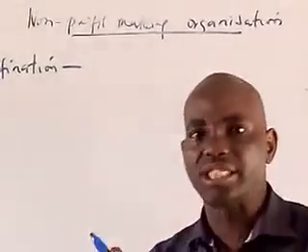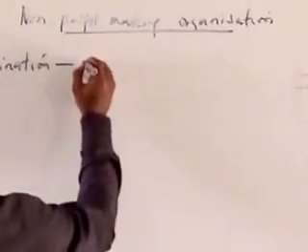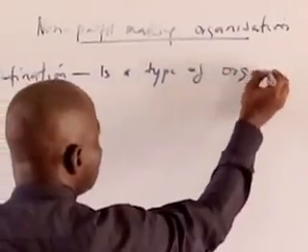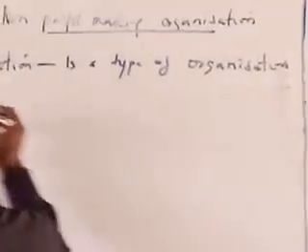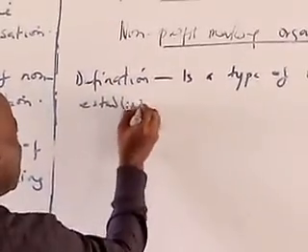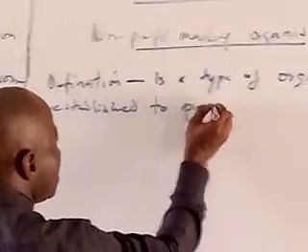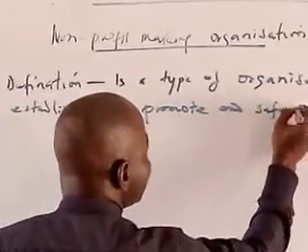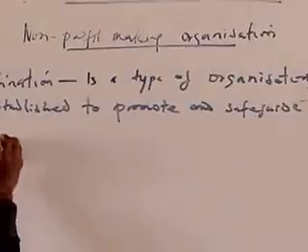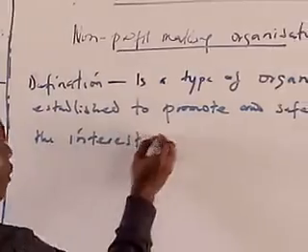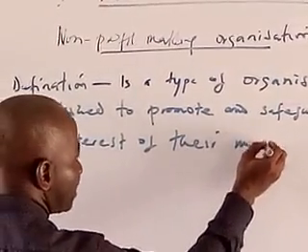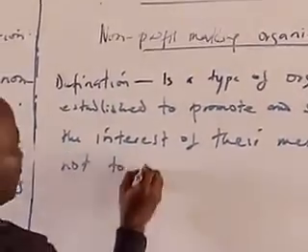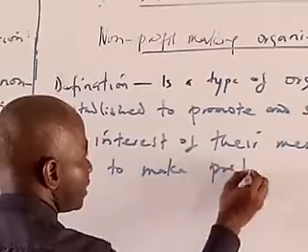Let me just give you a short definition. A non-profit making organization is a type of organization established to promote and safeguard the interests of their members and not to make profits.